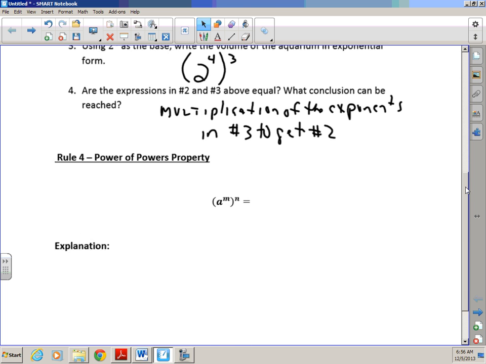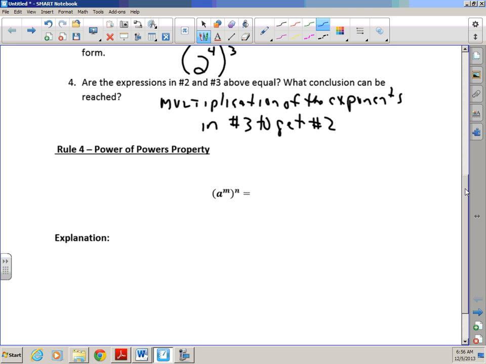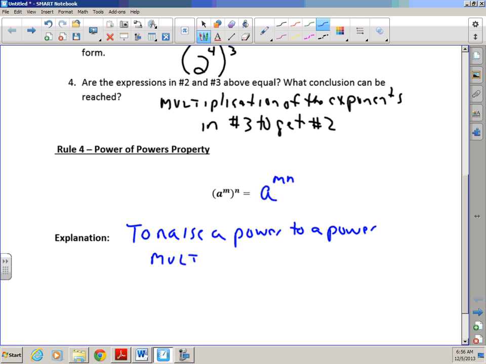And that is really what our power to a power property tells us. What our power to a power property tells us is that if I have a base raised to multiple powers, I simply multiply those powers to get the single exponent. And we say to raise a power to a power, multiply the exponents.